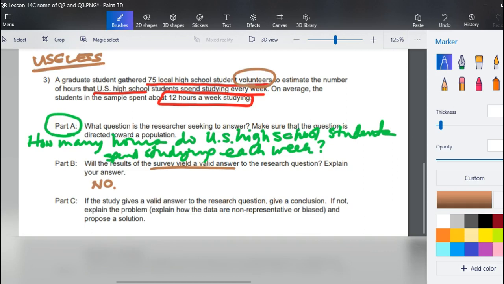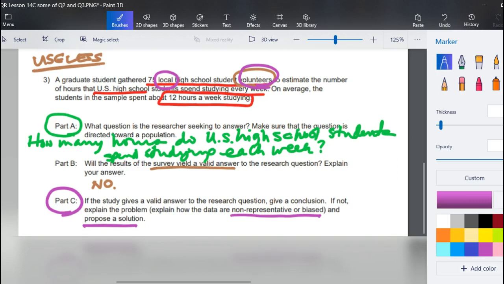Part C. If the study gives a valid answer to the research question, then let's give a conclusion. If not, let's explain the problem, like explain how the data are non-representative or biased, and then propose a solution. Because this study consisted of volunteers from a local high school, oh, double whammy.